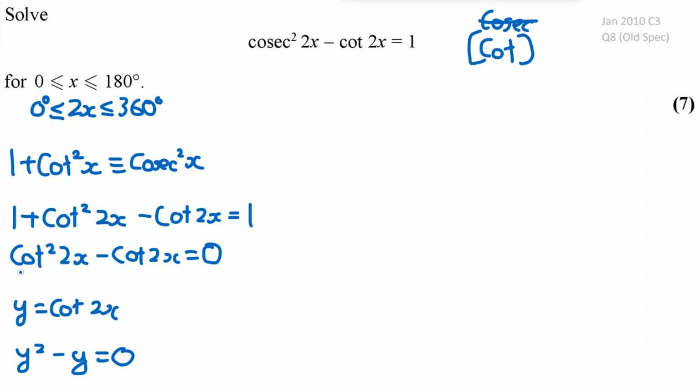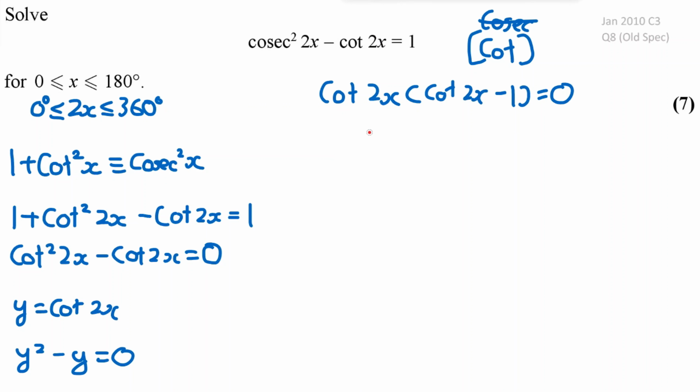So what I'm going to do is we need to solve this quadratic equation. We need to factor out cot of 2x, so this is going to become cot of 2x times a bracket. Cot squared of 2x is going to be cot of 2x, and then minus cot of 2x is going to be minus 1, and this is equal to 0.